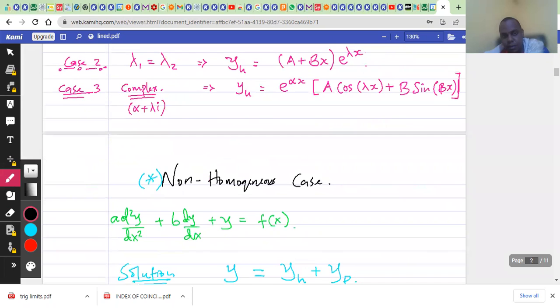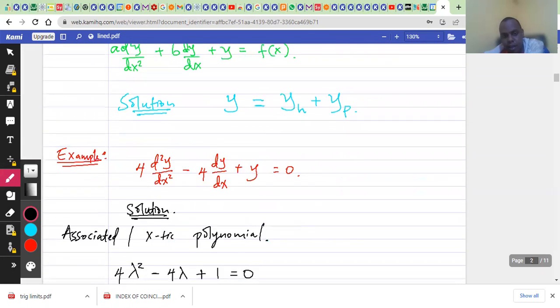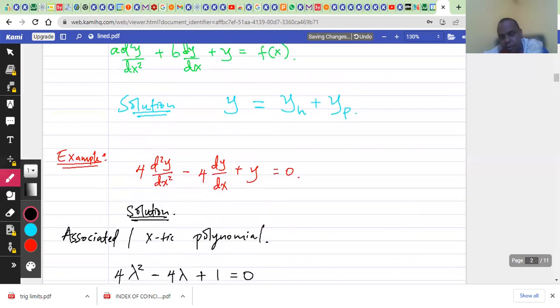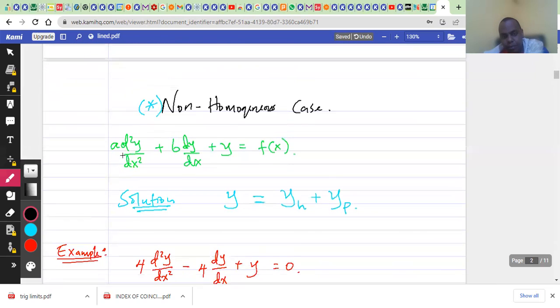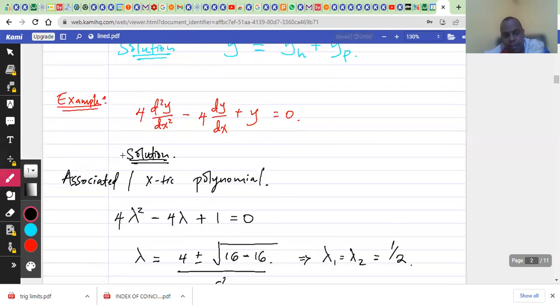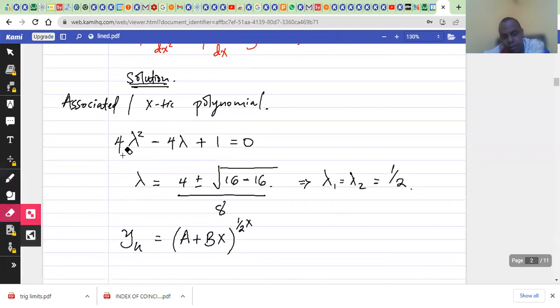It's going to be A plus Bx, multiplied by e to the power of a half x.